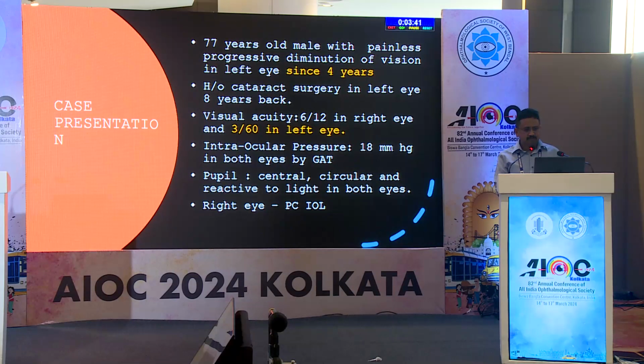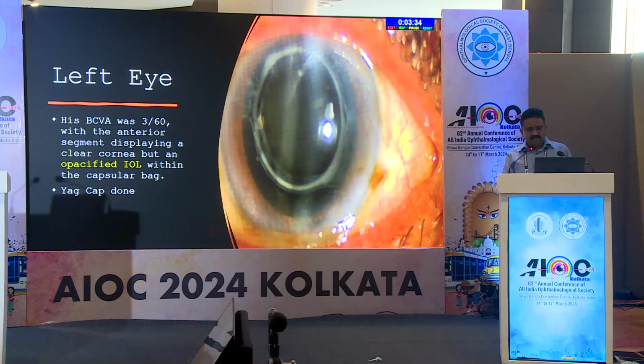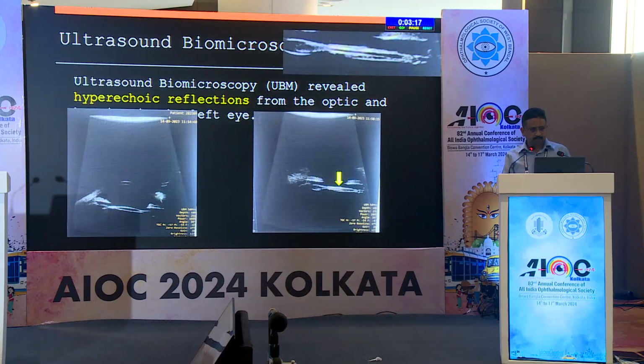He presented with a visual acuity of 3/60 in the left eye, 4 years after he had undergone cataract surgery 10 years back. The right eye was normal, but in the left eye, the intraocular lens, more so in the periphery, is opacified. Also, in an earlier attempt to visually rehabilitate him at some other center, a YAG capsulotomy was done.